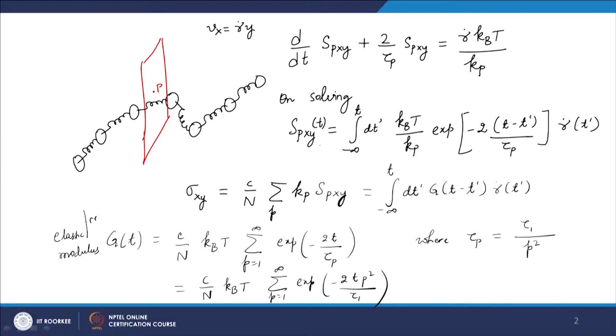This is the key constitutive relation that we are interested in in the subject of rheology. We talk about the experimental details later, but this is very central to the idea of experimental rheology as we understand it. The main objective is always to find this elastic modulus or the relaxation modulus.